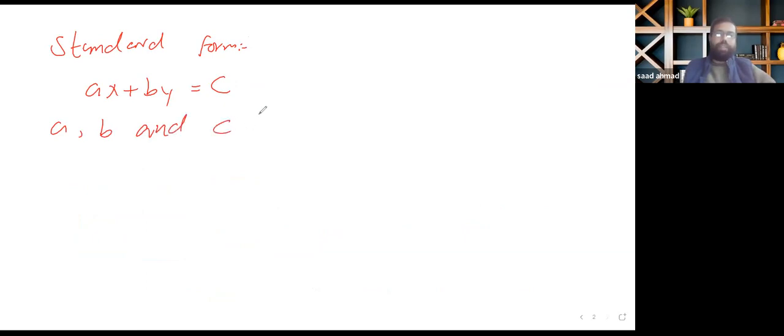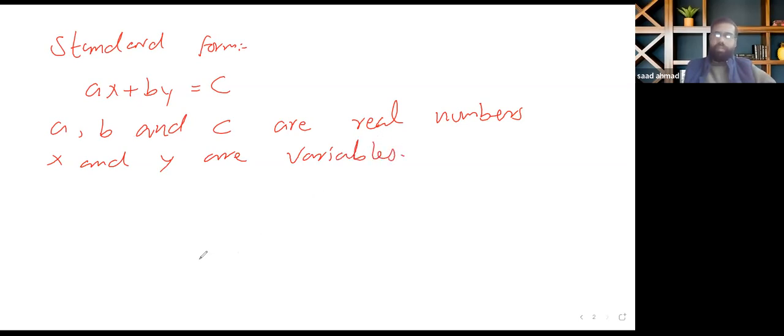Then the next one is standard form. That is ax plus by equals c, where a, b, and c are real numbers, and x and y are the variables.